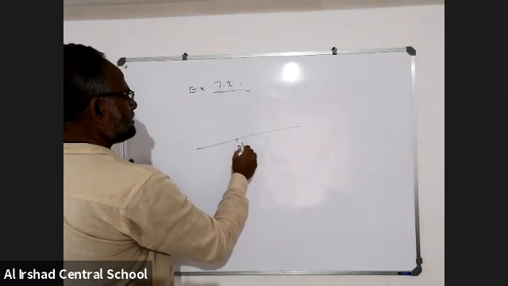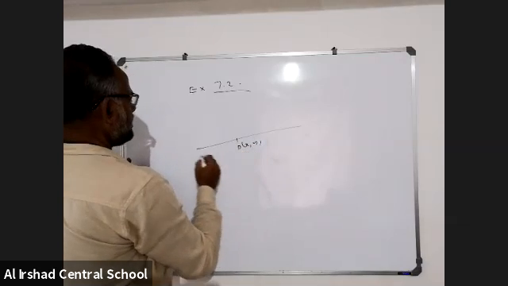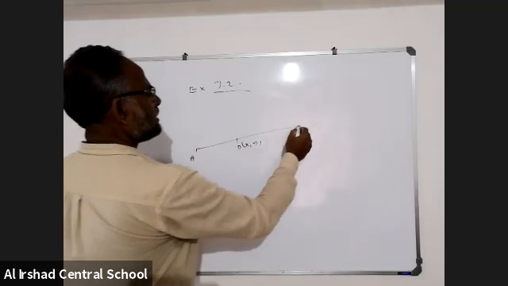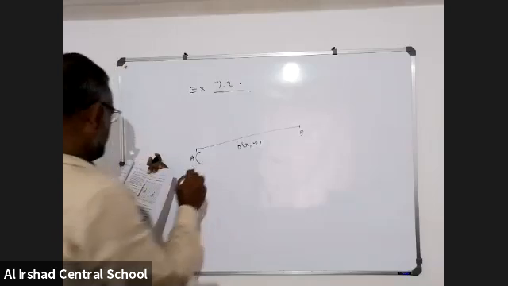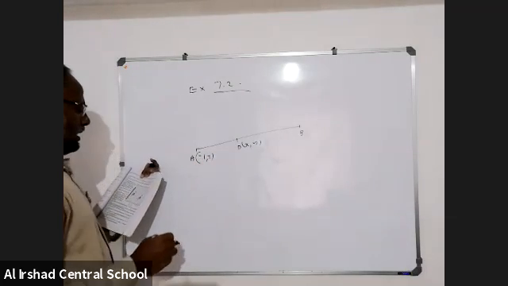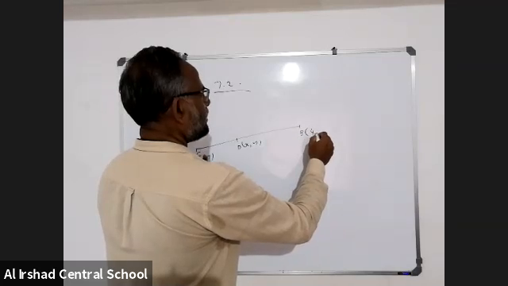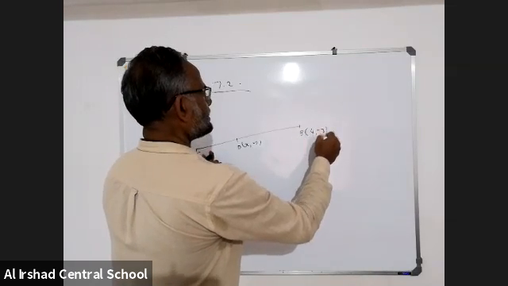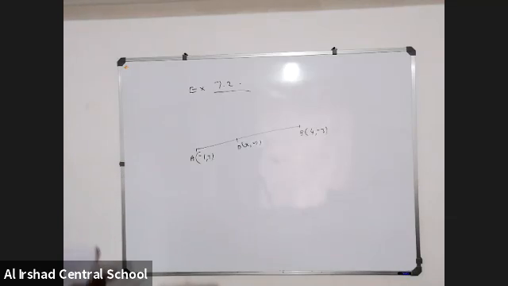P is given, x, y. Here A, here B. A is -1, 7, and B is 4, -3. Do fast.